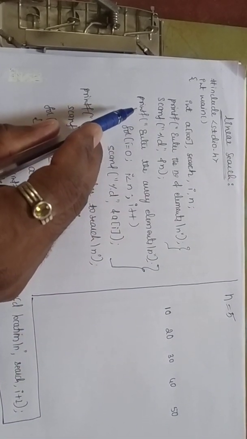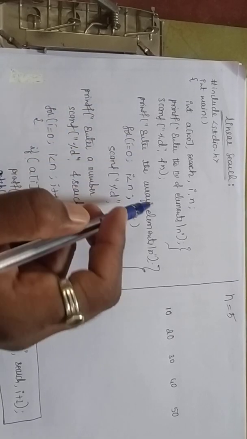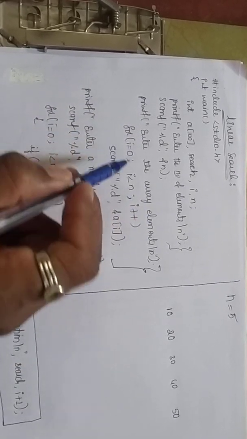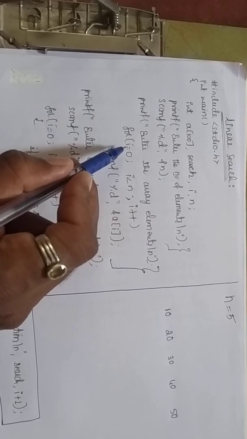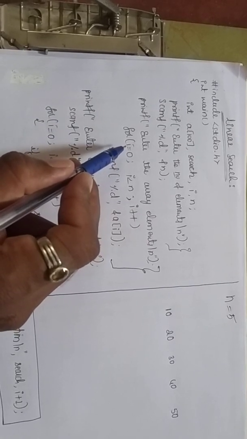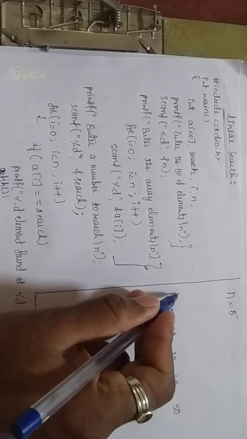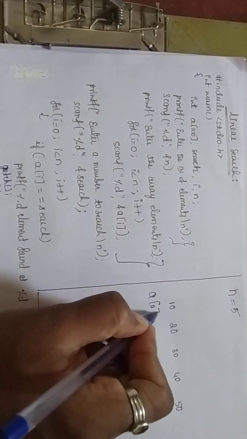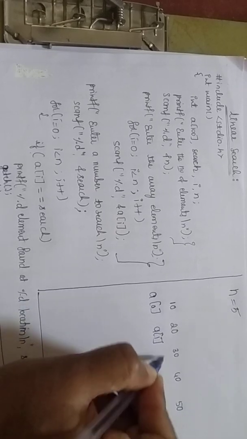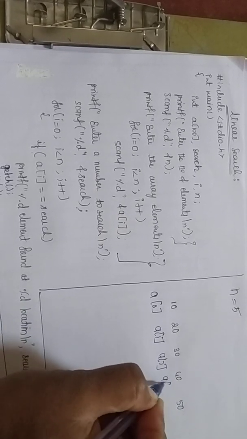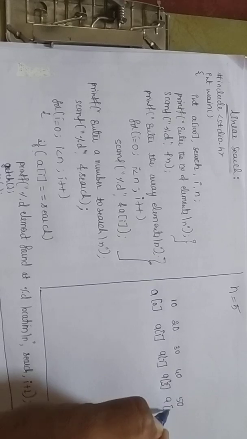Now we see printf enter the array elements. So you are taking one for loop. So the initial value of i is equal to 0. It means the array starts with 0 position. It means here the array will be like this: a of 0, a of 1, a of 2, a of 3 and a of 4.